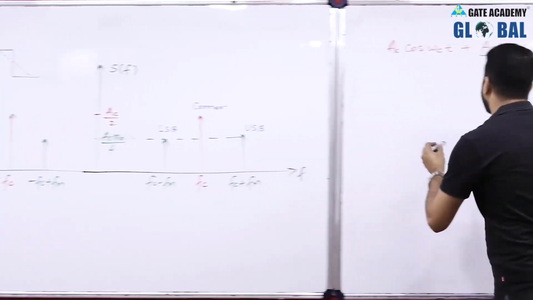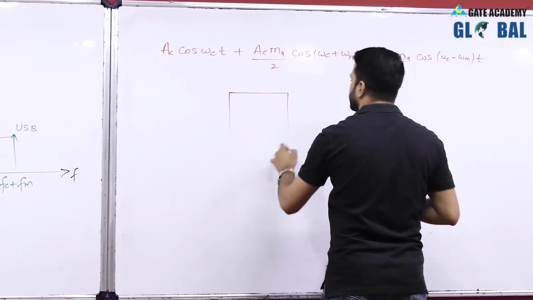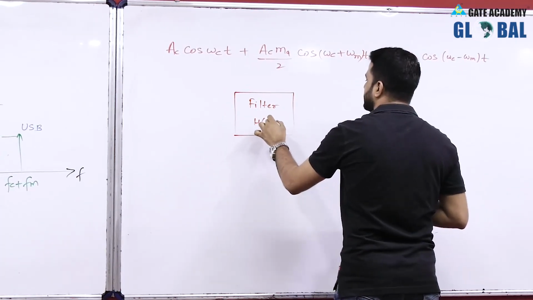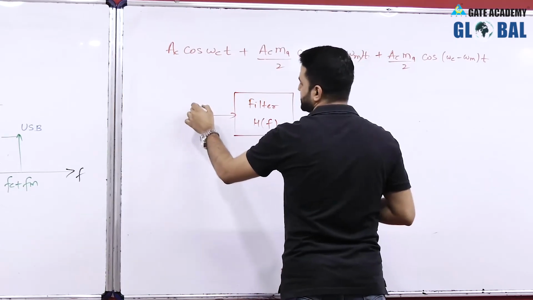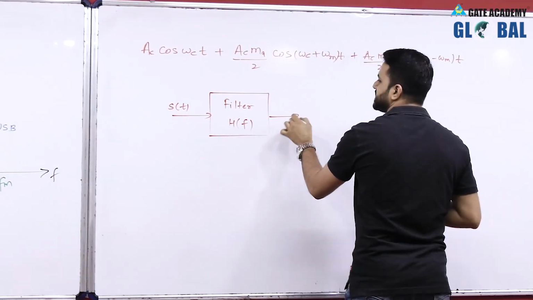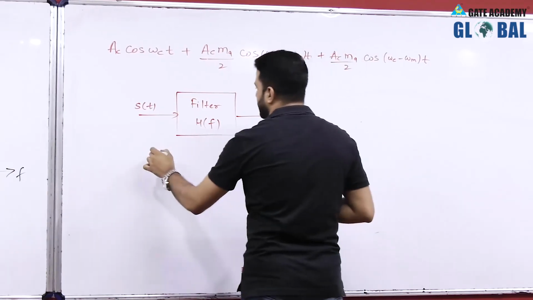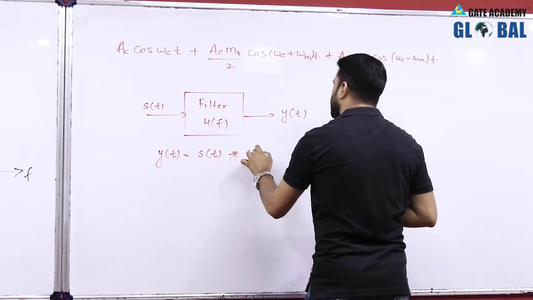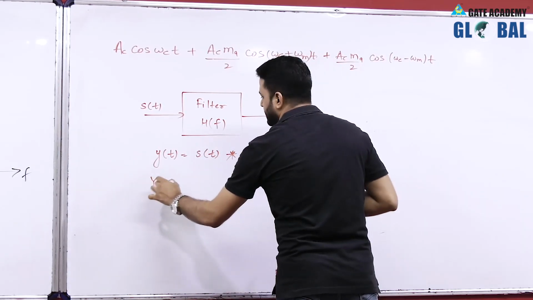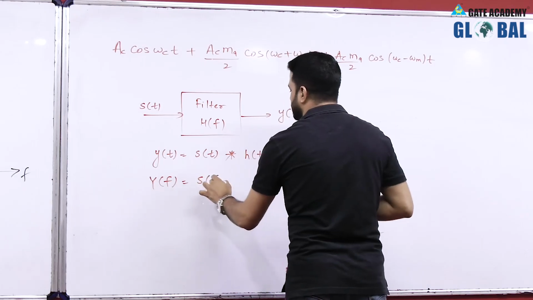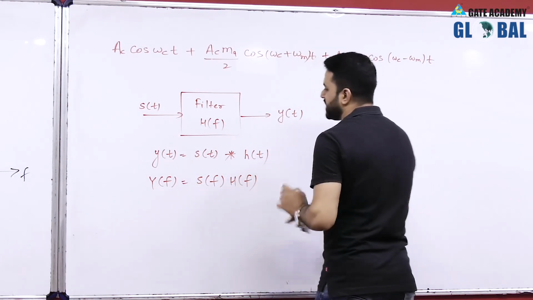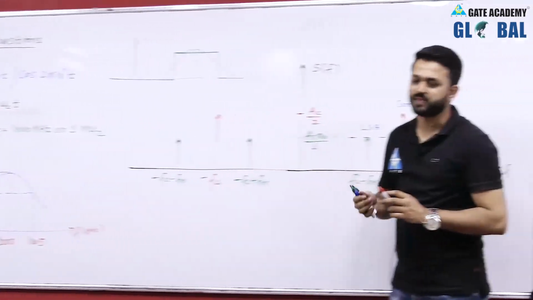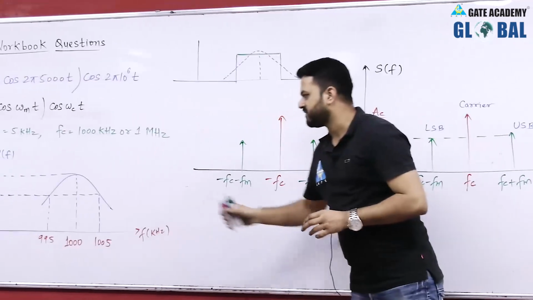Whenever we pass a signal through a filter, or any system, having response h of f, with input s of t and output y of t, we get y of t equal to s of t convolved with h of t, and in the Fourier transform, s of f multiplied with h of f. It means that these two spectra are going to be multiplied. So s of f and h of f we will multiply.